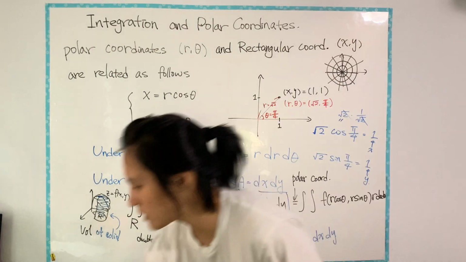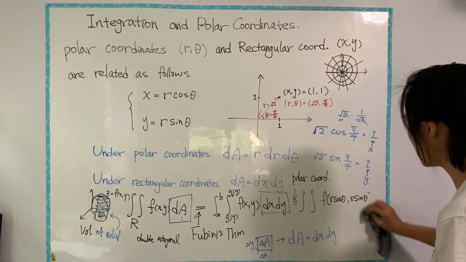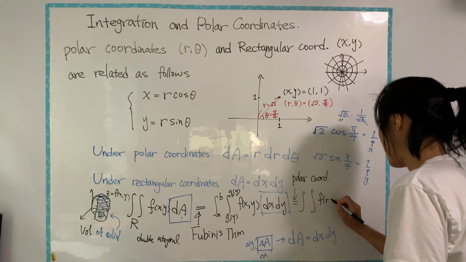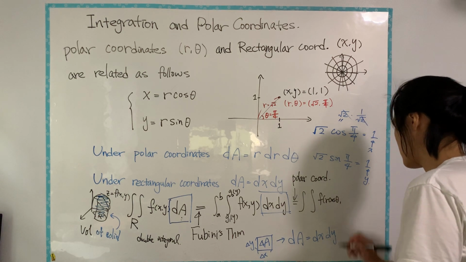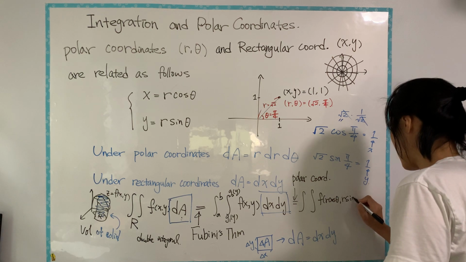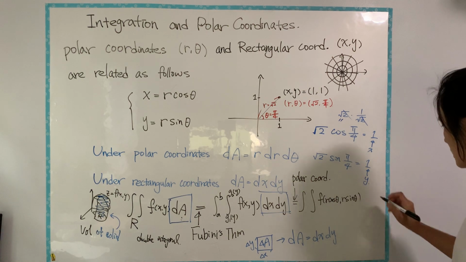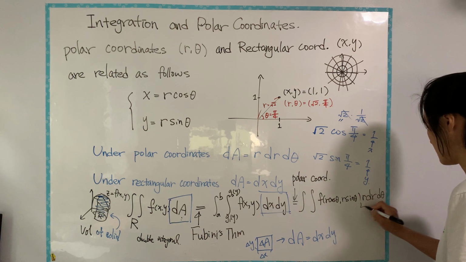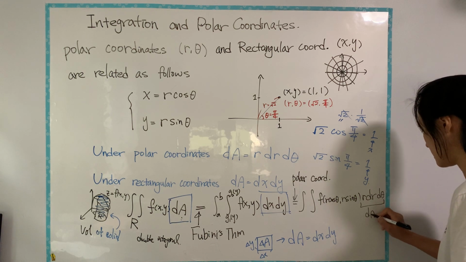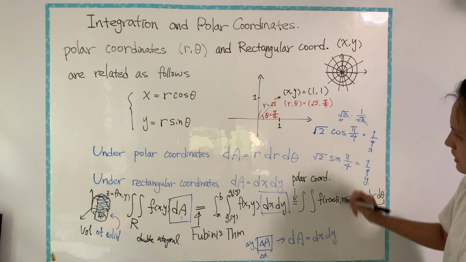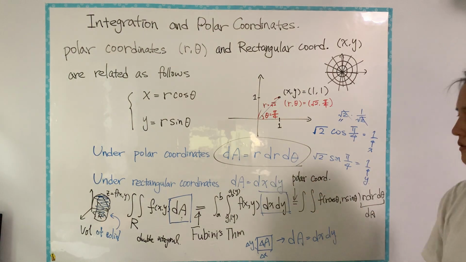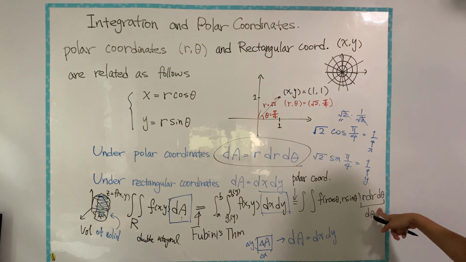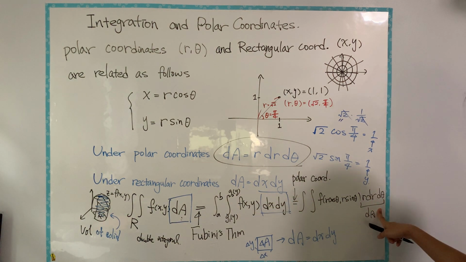Let me write this again. So f of r cosine theta, that's the x value, r sine theta, that's the y value. Then I have r dr d theta, that is equivalent to dA. That's the formula that we have: the area element now being converted to r times dr times d theta.